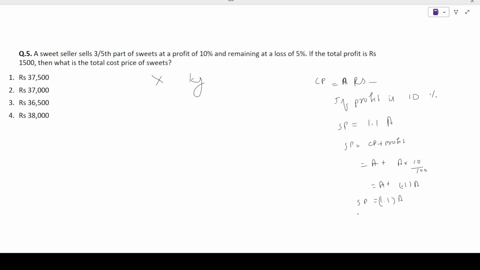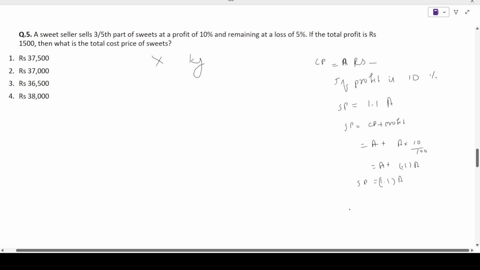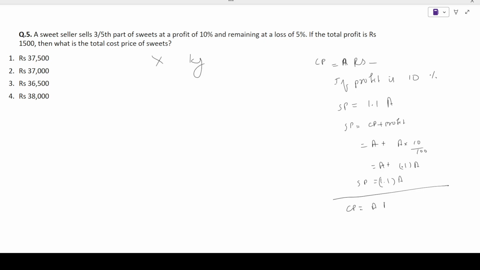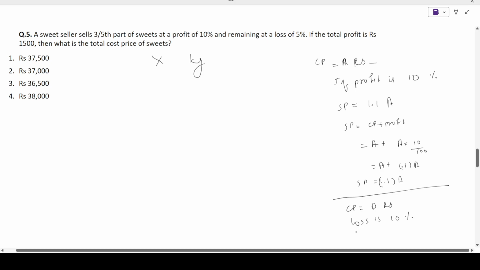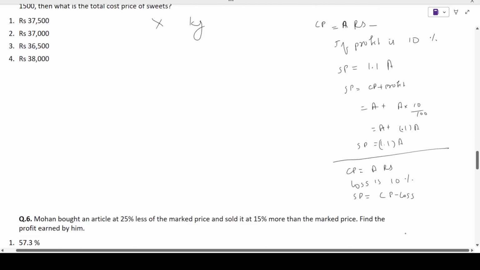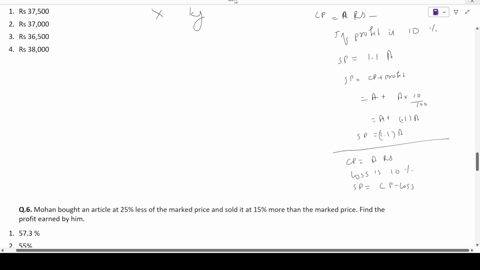In a similar manner, if we have cost price A rupees and loss is 10%, selling price will be cost price minus loss.